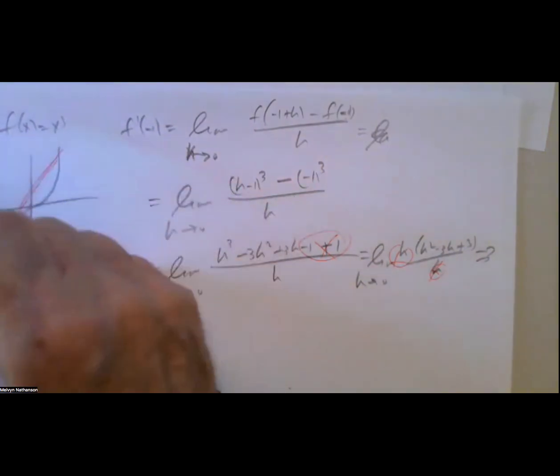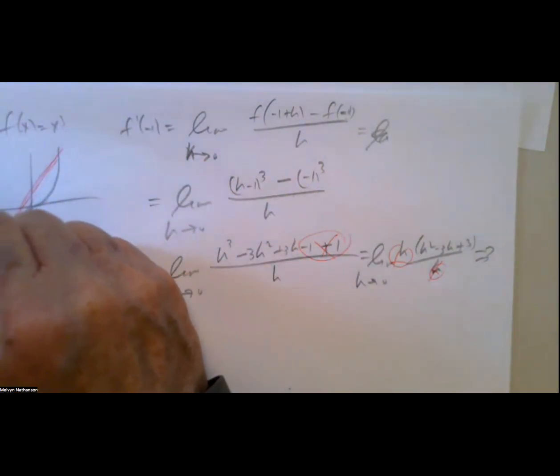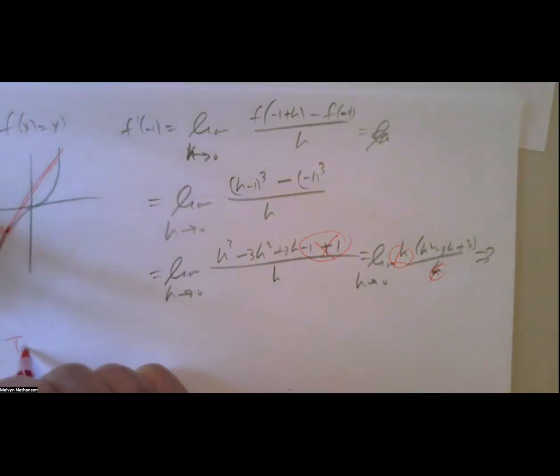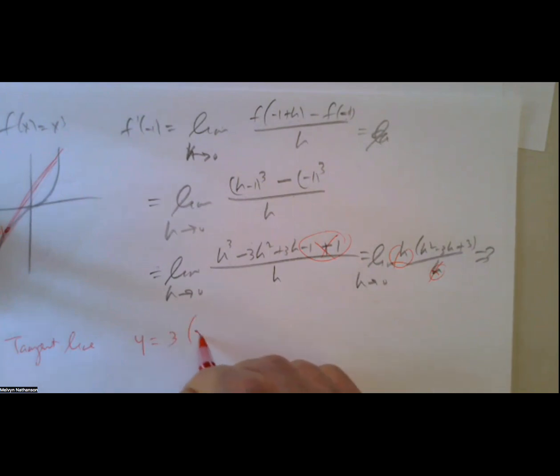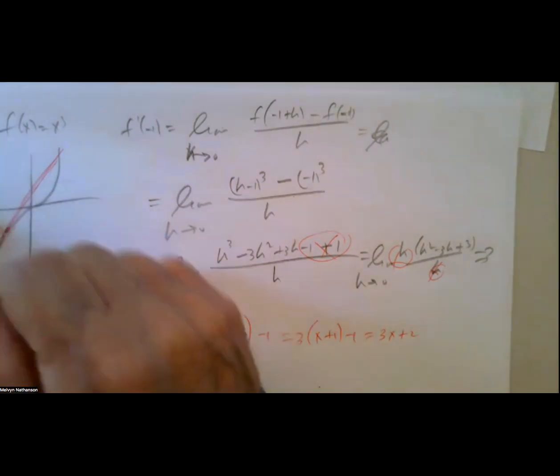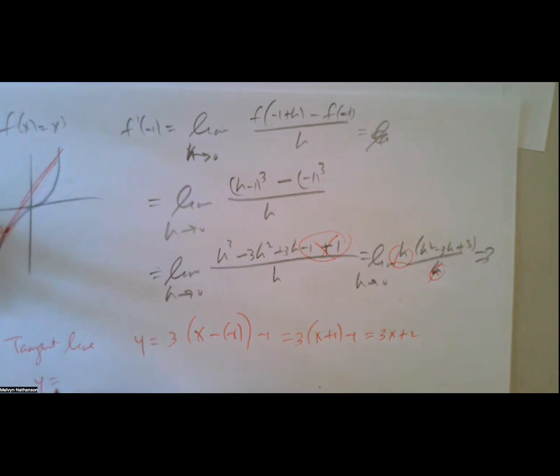So this tangent line going through the point minus 1 also has slope 3. So the tangent line at minus 1 is y equals 3 times x plus 1 minus 1. So that's 3x plus 3 minus 1, which is 3x plus 2. So the tangent line is y equals 3x plus 2.